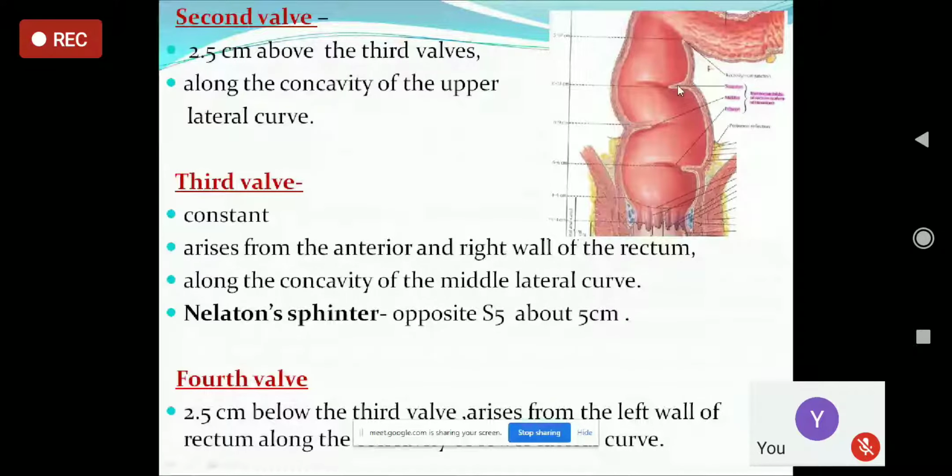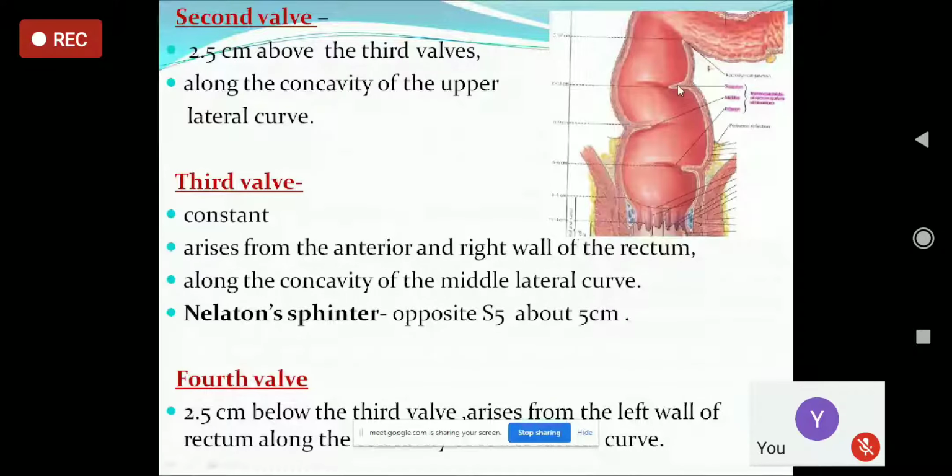So venous drainage, look at it. These rectal veins are arranged in the form of a plexus. It is known as the annulus hemorrhoidalis. This plexus forms two sets, that is, the internal venous plexus and the external venous plexus. The internal venous plexus surrounds the anal canal above the Hilton's line.